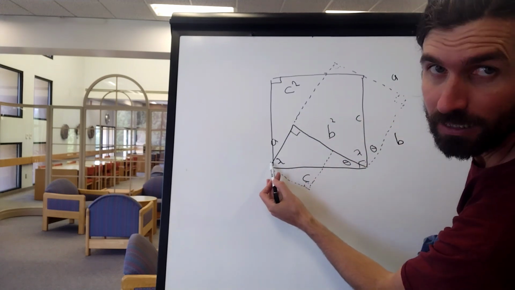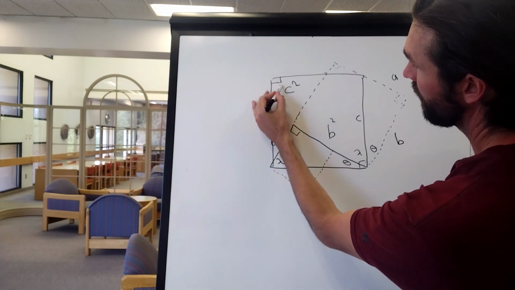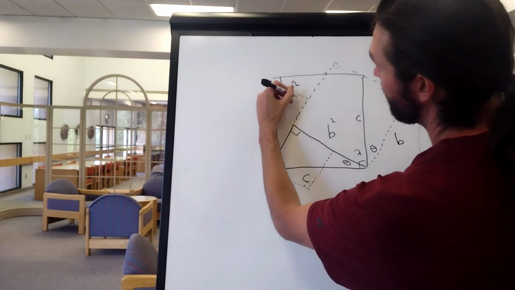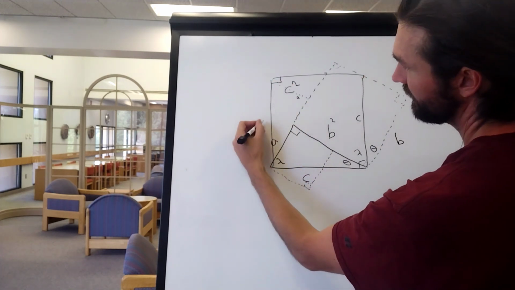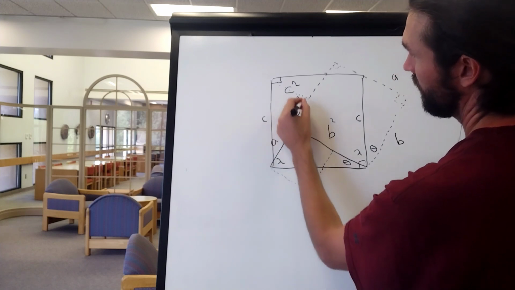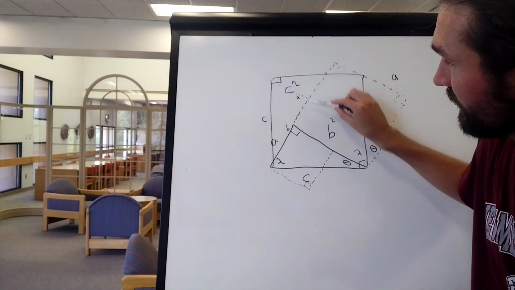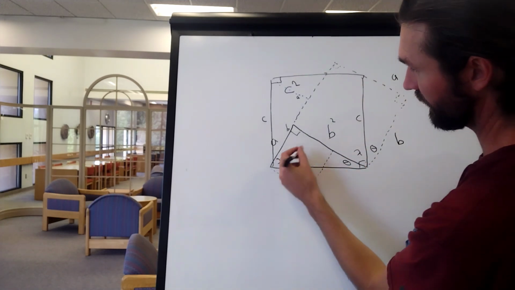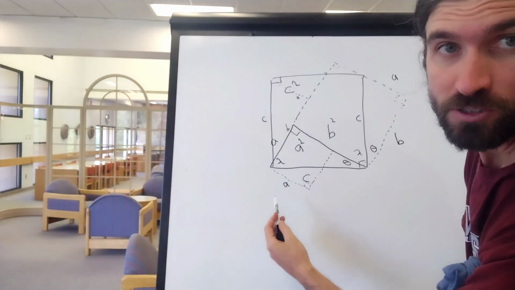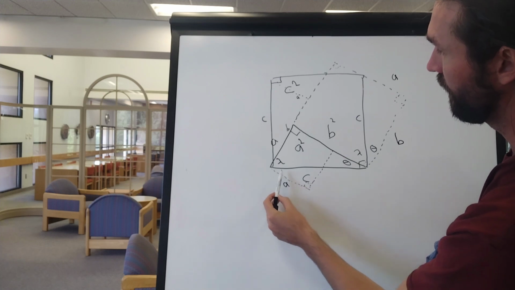So this length becomes b, and a comes like this. So that's A right there, and this is C, and this is B. Okay? We see now that A is here, and this is also A because this is A squared. There's A there. So now we can move this piece up there.